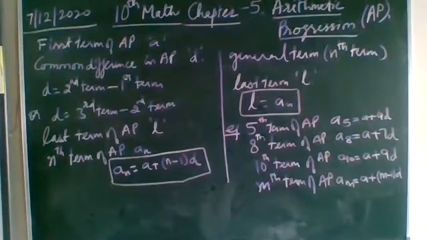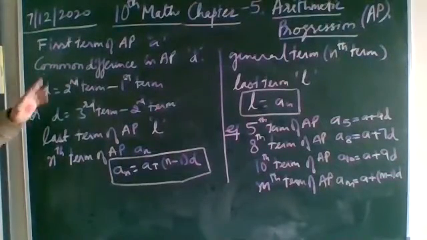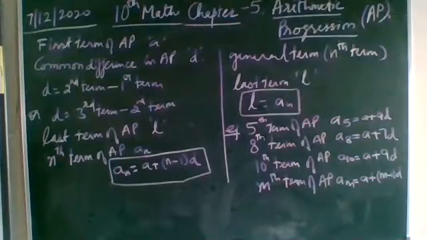So all these things, the fifth term of AP, the common difference d, second term minus first term, third term minus second term, you will be able to understand. First of all, you must know how the terms are represented. Once the term is represented, you will be able to solve.